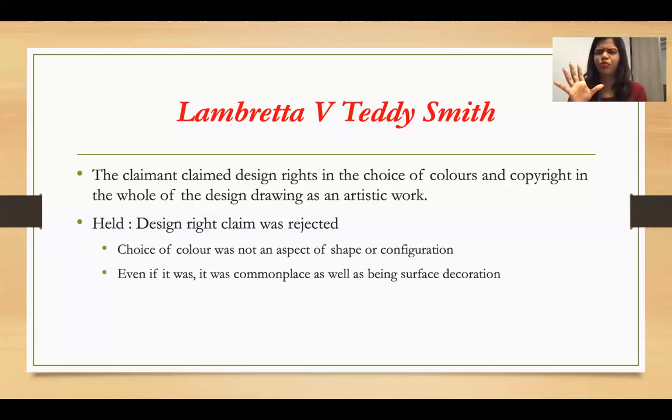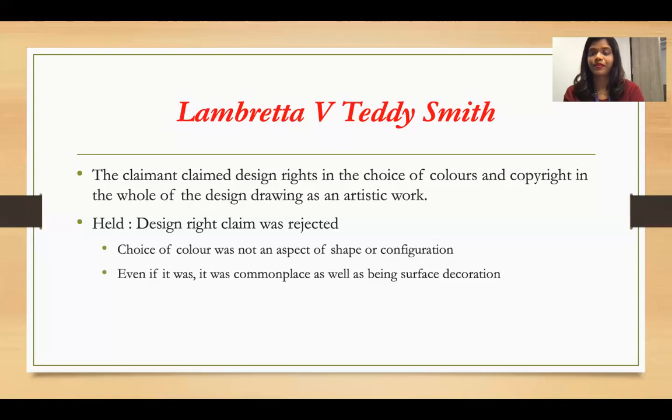So they had a bluish, I can't remember, a bluish green kind of color, which according to them is a very retrospective theme. So when Teddy Smith came up with something very similar 2 years later, Lambetta found that they are actually infringing my design rights, and they tried to rely on design rights, saying that the color is actually a surface decoration. This is exactly what they said.